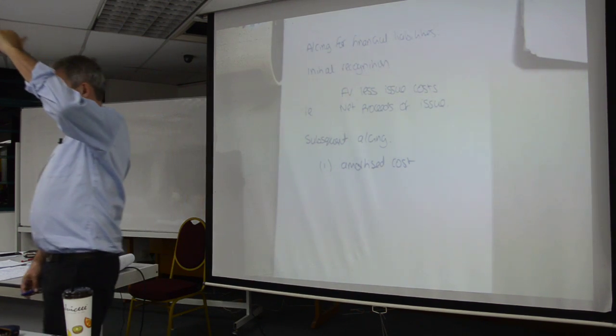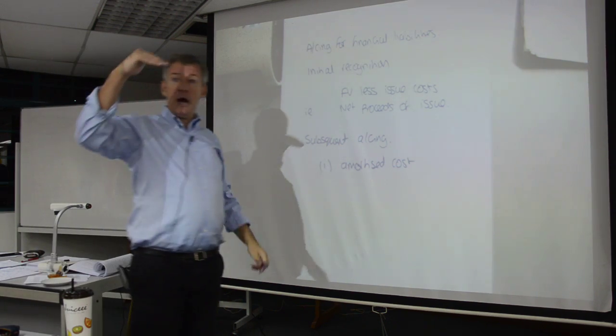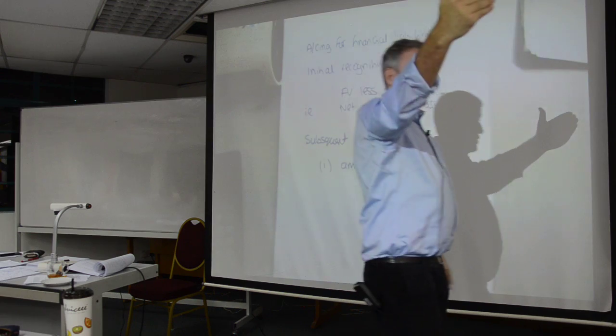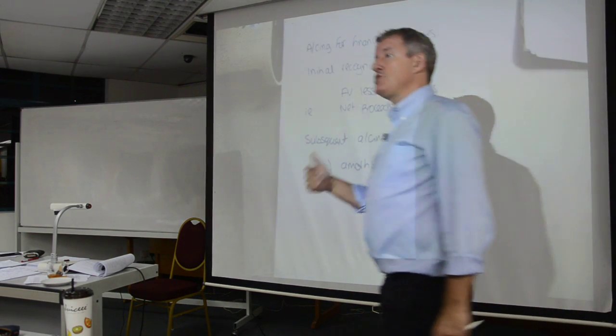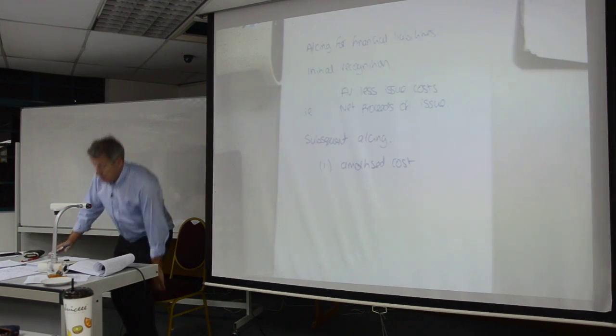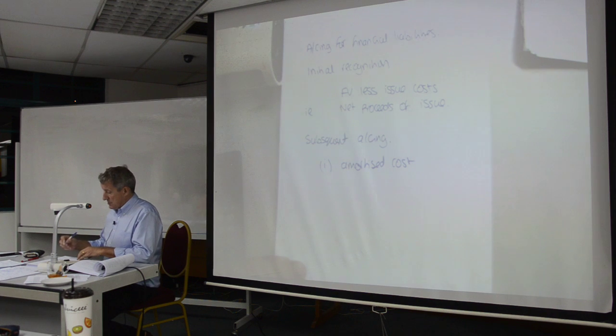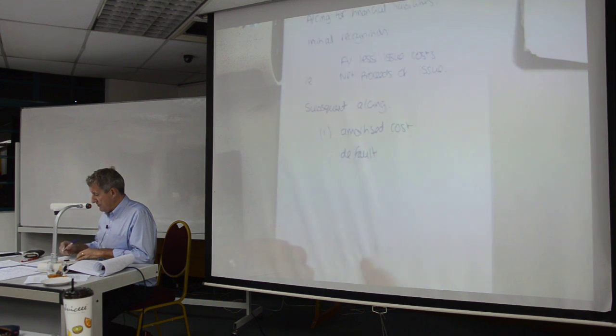You still charge a finance cost at the effective rate. So the liability would go up with the finance cost and go down with any repayment, but you just would not remeasure the liability. So it is said to be at amortized cost. This is your default. This is the normal way of doing it.